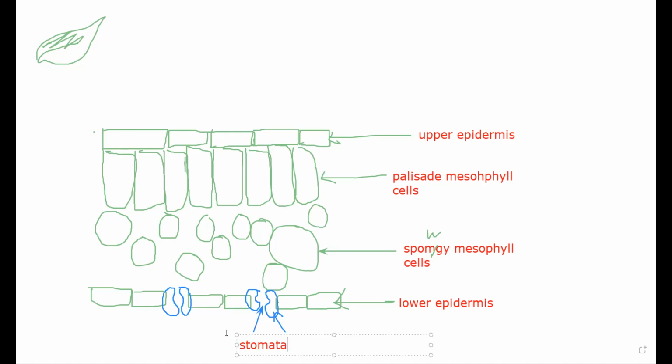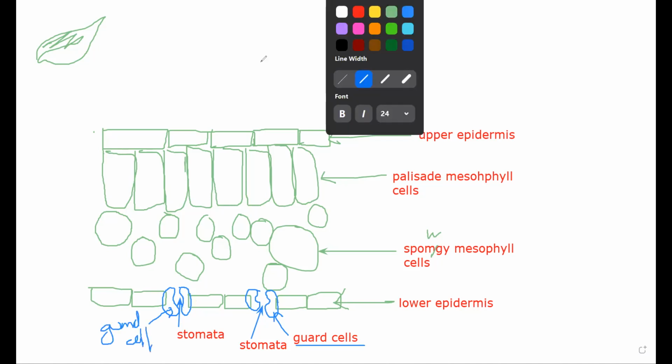And again, here, there is another stomata, okay? So this is another hole. That means another stomata. Next to the hole, there are two cells which open and close like a gate. They open and close this hole, okay? So these cells are called guard cells. Understood? Oxygen comes out of this hole.